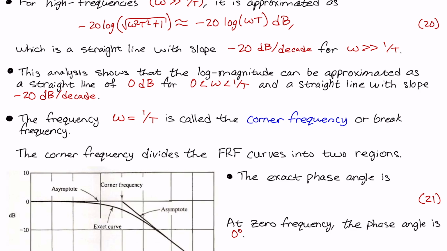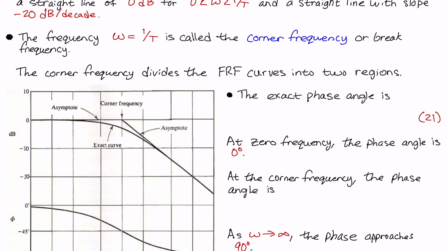This is also known as the break frequency, but we'll use corner frequency. This frequency effectively divides the FRF curve into two different regions. The first one is where it can be approximated asymptotically as just a horizontal constant line. And then the second region is where we can approximate it as a straight line with a slope of minus 20 dB per decade.